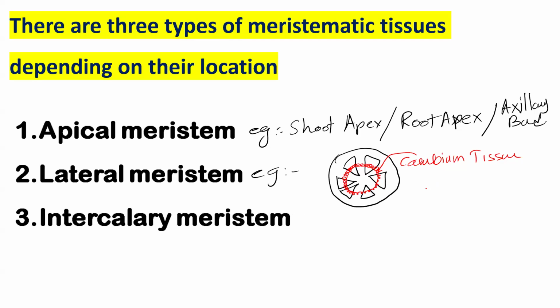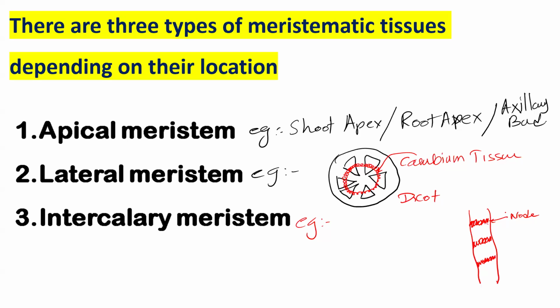Then intercalary. Now lateral is only present in dicot plants. Intercalary is present in the nodes of the monocot plant, no? If you go to a coconut tree and see the stem, you'll be able to see this, or even in a bamboo tree. These places are known as nodes. Nodes contain intercalary meristem.